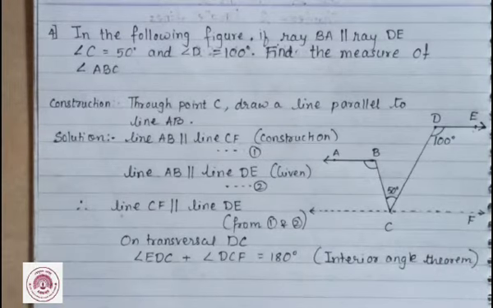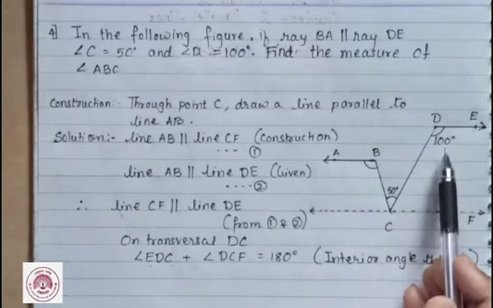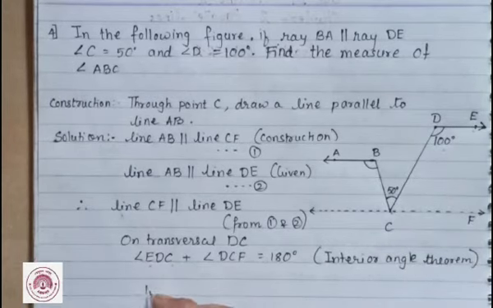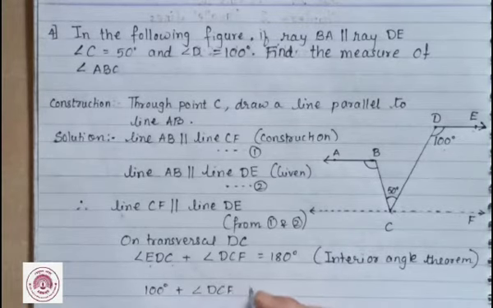Now let's substitute the value of angle EDC, which is 100 degrees. So 100 degrees plus angle DCF equals 180 degrees.